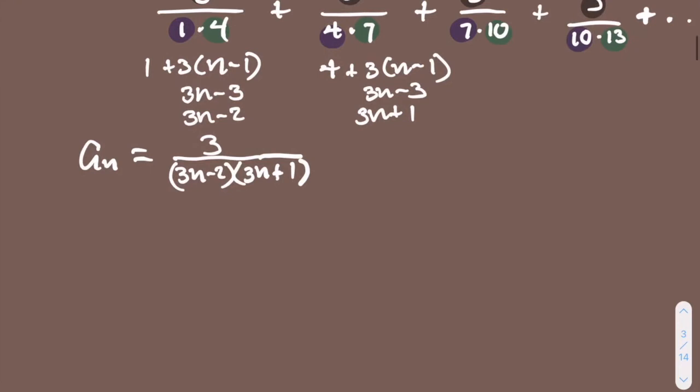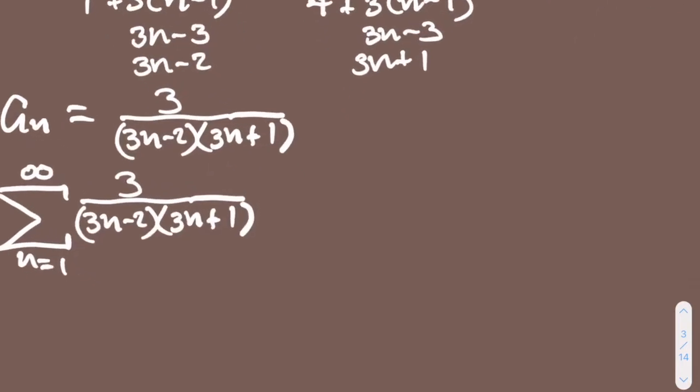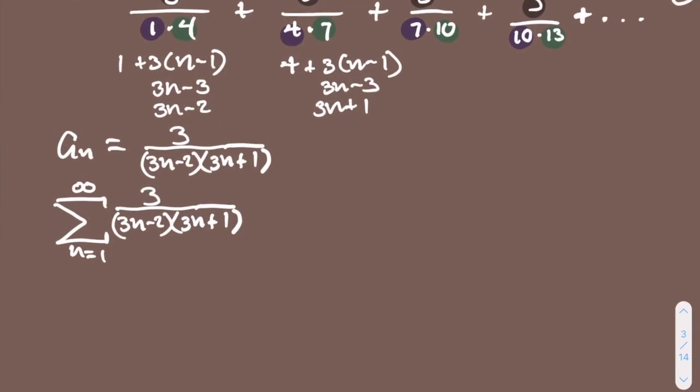So going further, our sigma notation is going to look like this, that n is equal to 1 for the first term, moving all the way out to infinity. So there's that. But we want to turn this into a partial fraction and find the sum of that partial fraction. So in order to do that, we actually want to now change the index to something not n, but maybe let's call it j.